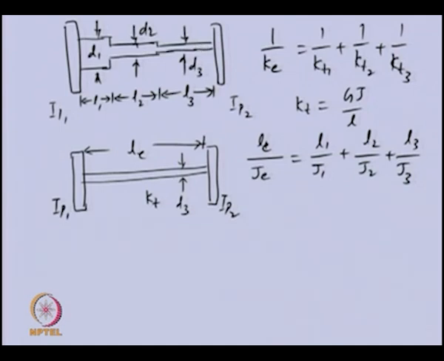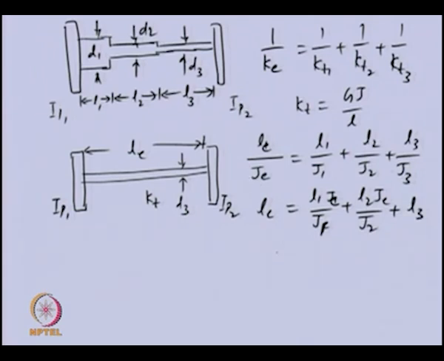If we multiply with JE, we will get L1 JE by J1 plus L2 JE by J2 and L3, because J3 and L3 are the same.